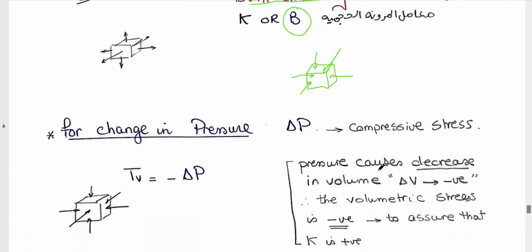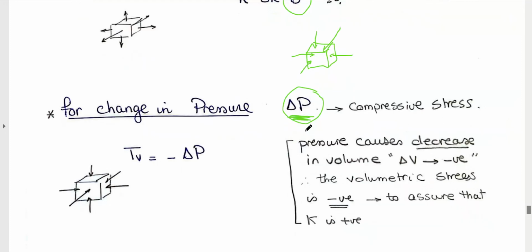So the stress is negative delta P, because a change in pressure is a compressive stress. We will discuss this in the example later and how to deal with change in pressure.